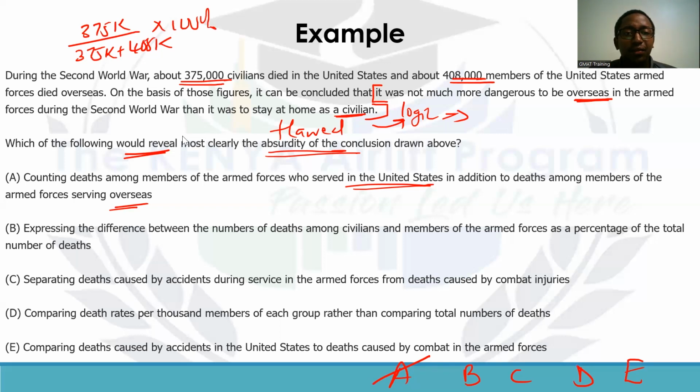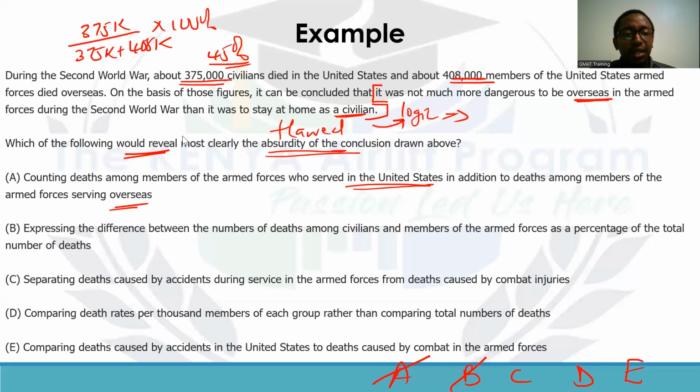And even if you found that, say, 45% of the deaths were civilian versus 55% of deaths from the armed forces, it still wouldn't reveal any flaw in the conclusion. So for that reason, I will eliminate B.